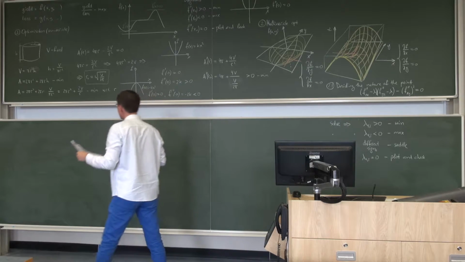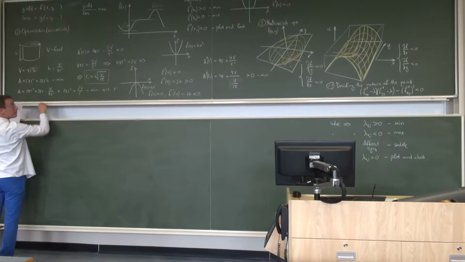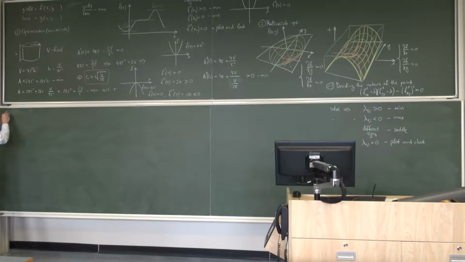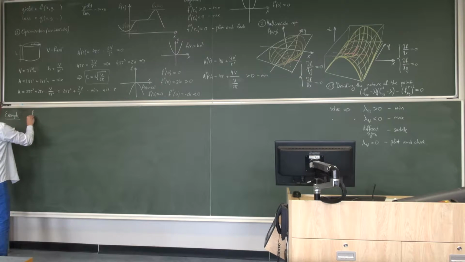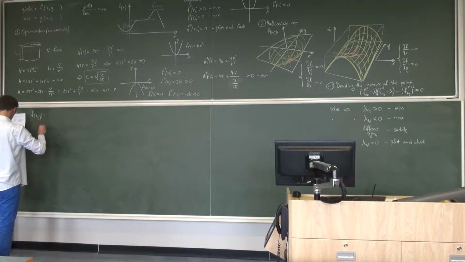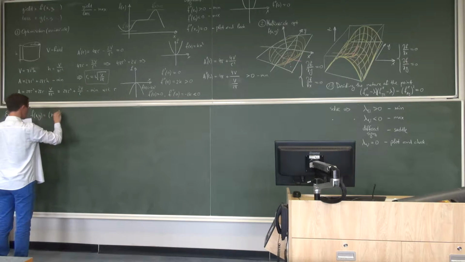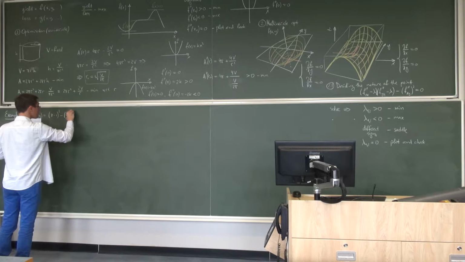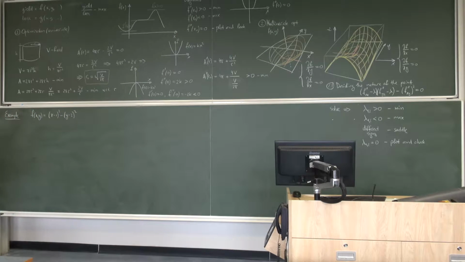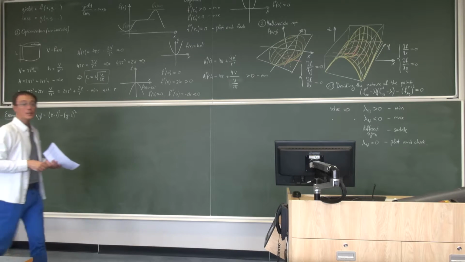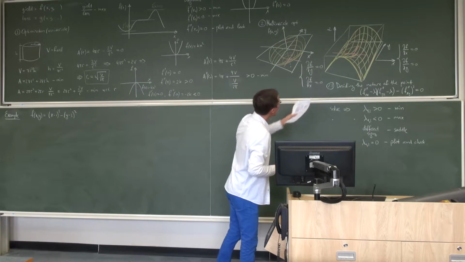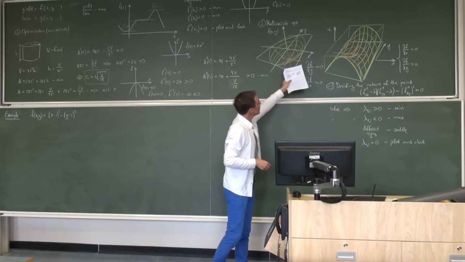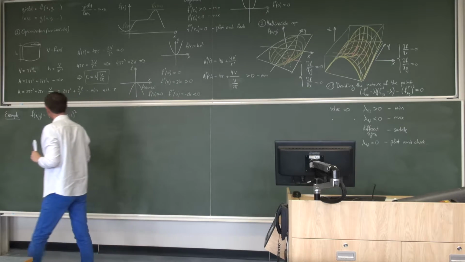So let me give you an example. We have f of x, y equals (x minus 1) squared minus (y minus 2) squared. We are told to find any such minima, maxima, or saddle points as may exist in this function. Well, we proceed by the recipe that we have gleaned from our artistic exercises here. df by dx, df by dy must be 0.